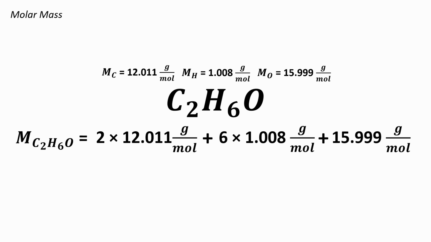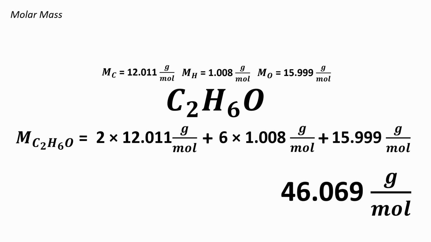We then get a molar mass for ethanol of 46.069 grams per mole. And if you haven't guessed by now, the symbol to represent molar mass is big M, and it has the units gram per mole.